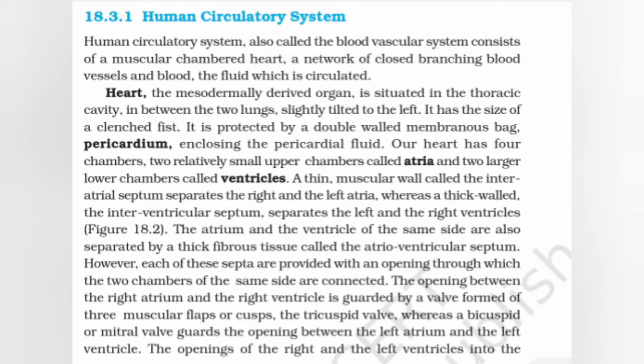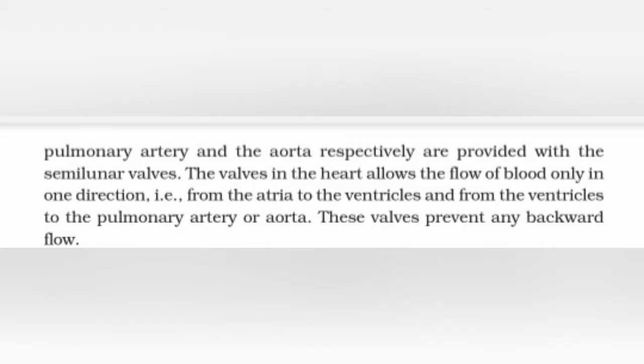The opening between the right atrium and the right ventricle is guarded by a valve formed of three muscular flaps or cusps, hence called the tricuspid valve, whereas a bicuspid or mitral valve guards the opening between the left atrium and the left ventricle. So right side it is tricuspid, RT, while left side it is bicuspid, LB.